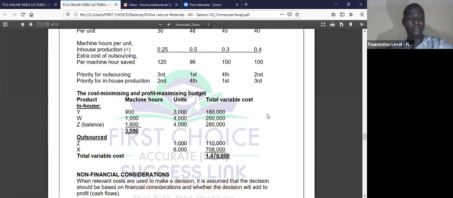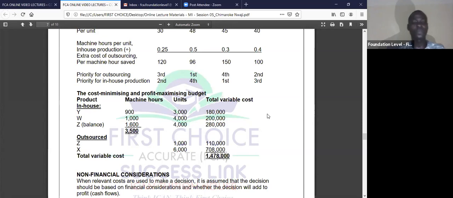All right. Now, irrespective of the fact that you need to outsource or make in-house, it is good to consider non-financial considerations. All the while, we have been using financial consideration here. We've been talking about sourcing, for which one will give you the least spend. Source that one out first and all that.